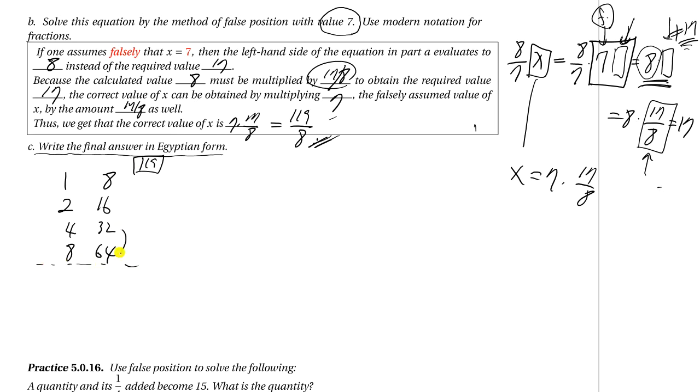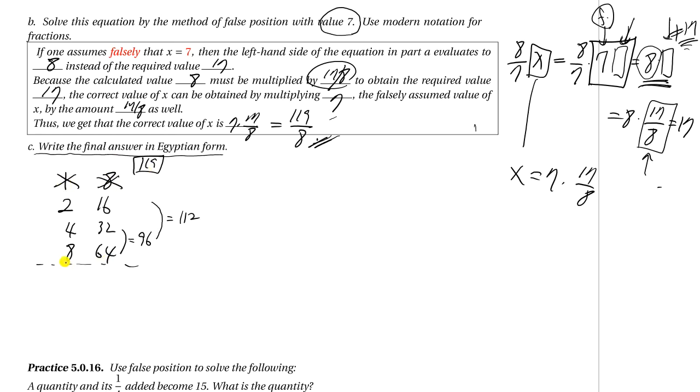And let's start adding up. It's 96, and adding up this is 112, right? But when you add this much, it becomes 120, which is greater than 119. So we are not going to add up this line, right? So we only need these 3 lines.